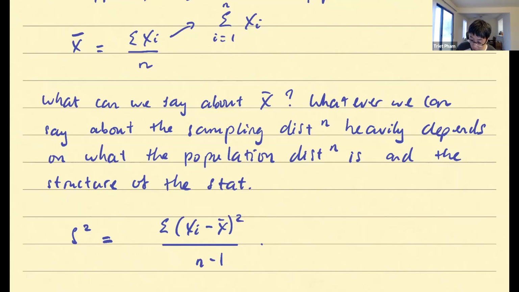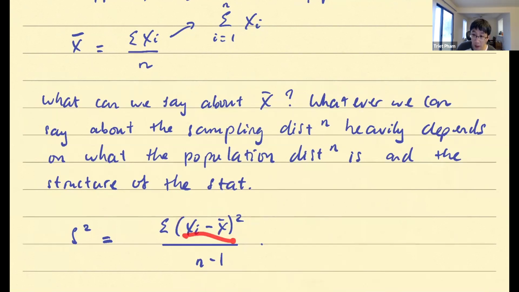But let's just point out, first of all, there's a square. Anytime you square a random variable, you expect that that's a little bit harder than a plain old random variable. Second, the sum here should be a sum of non-independent random variables. Why so? They're non-independent because each of the summands here has an X bar in it.